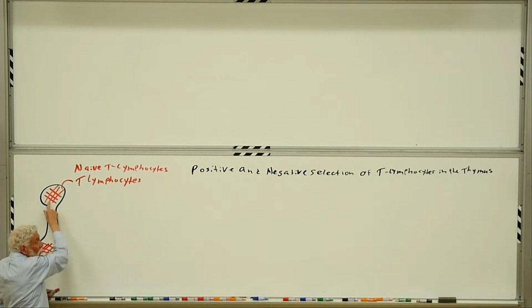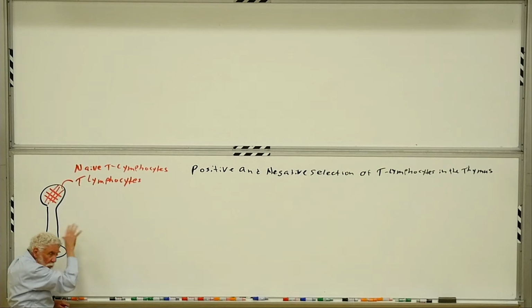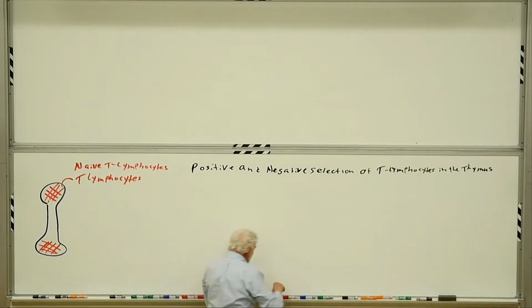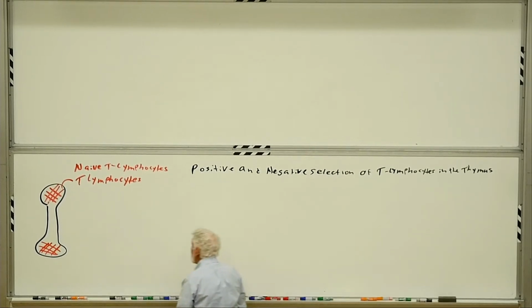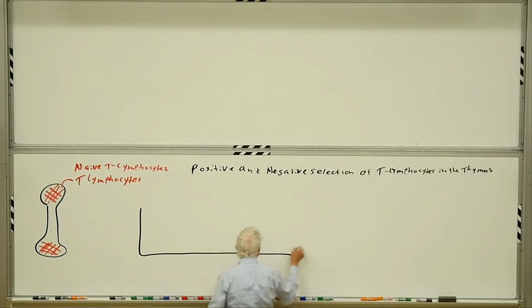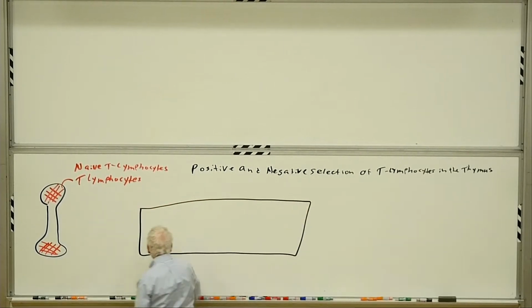These naive T lymphocytes must, before they can be functional, pass through the thymus. So I'm going to draw this box here and label it as a thymus. So this is intended to be the thymus.